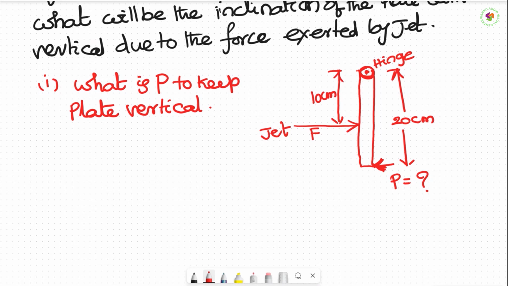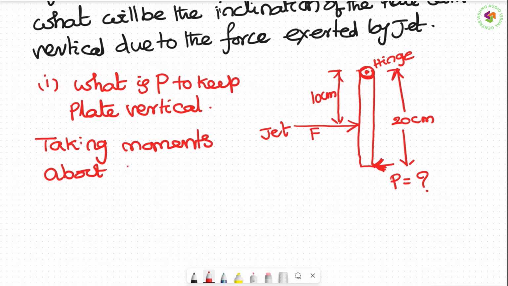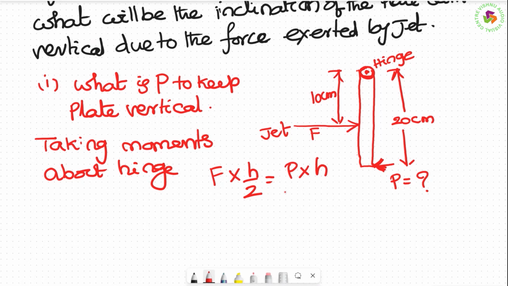So if I take moments about the hinge, F into H by 2 is equal to P into H, or F into H by 2 minus P into H is equal to 0. Therefore, P is nothing but F by 2.